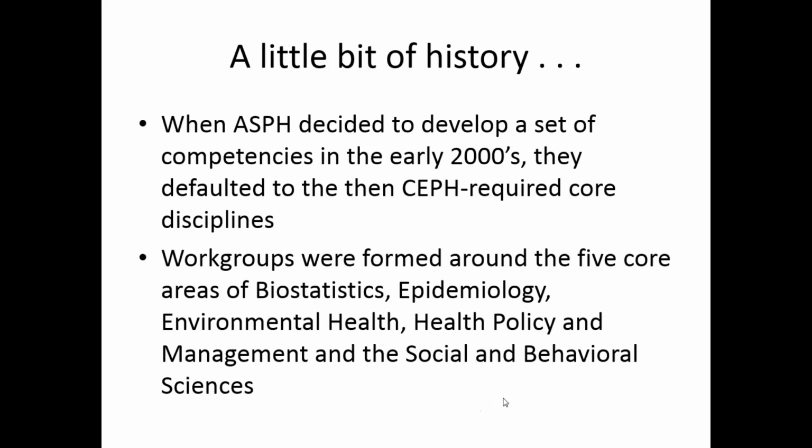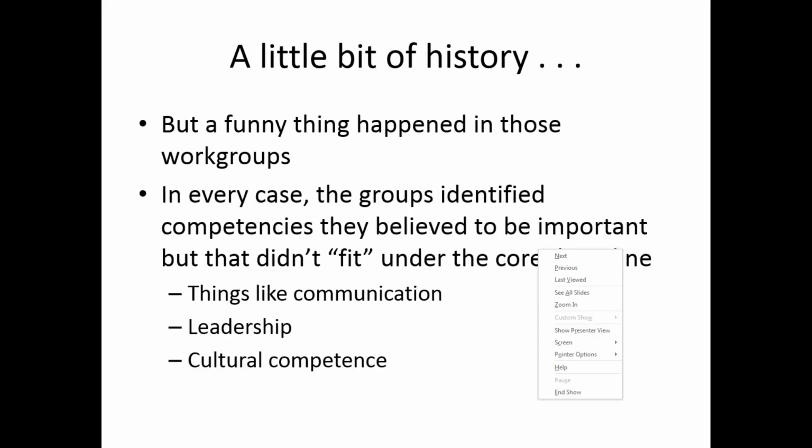But what happened when we did that, as you can imagine how these conversations took place, every group, and I mean every, identified things as they were deliberating competencies for their area, so competencies for biostatistics, competencies for environmental health.